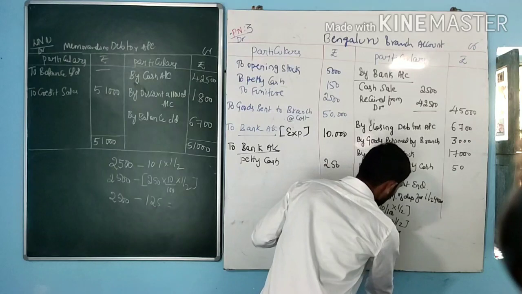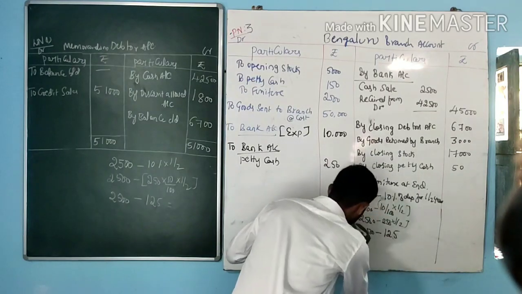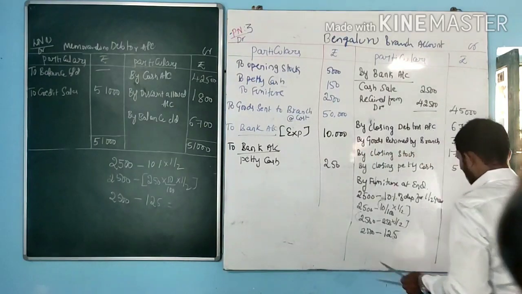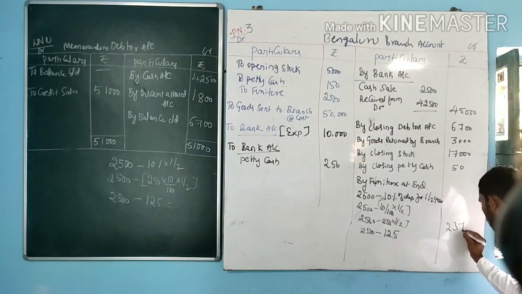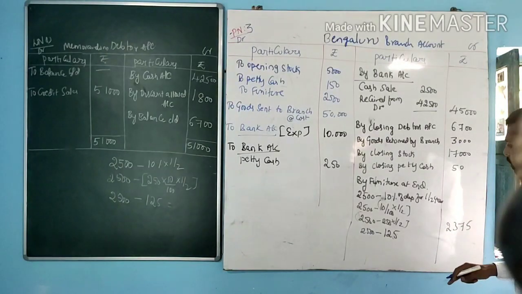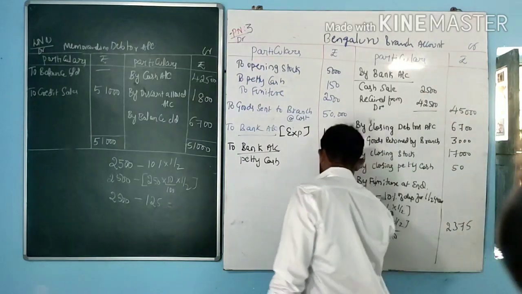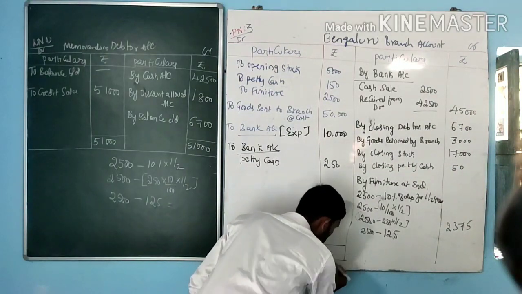And the balance amount, that is 2,375, is the closing furniture amount. Make it balanced.